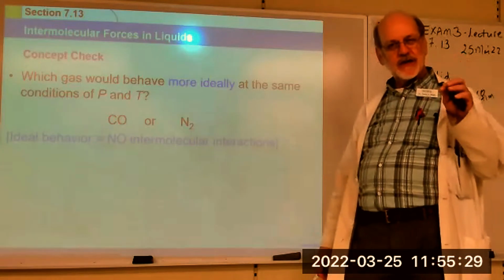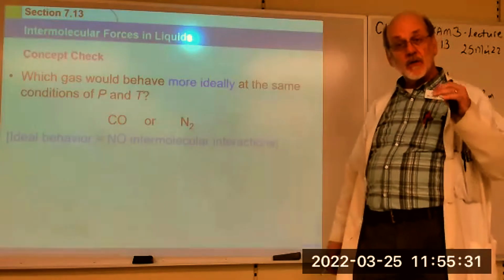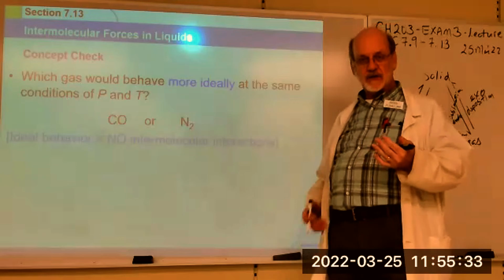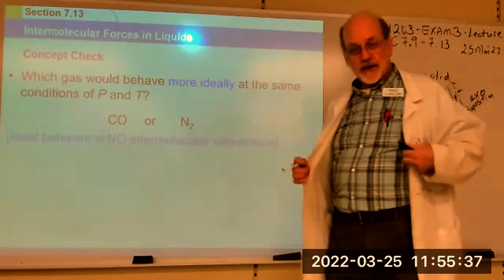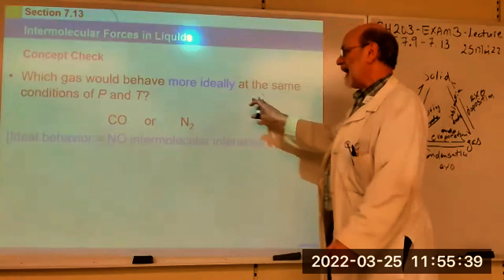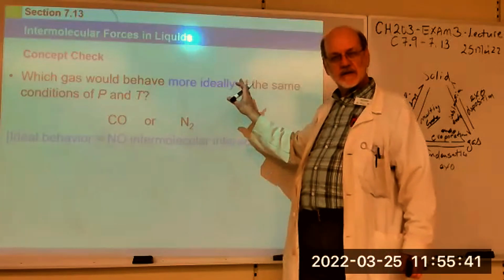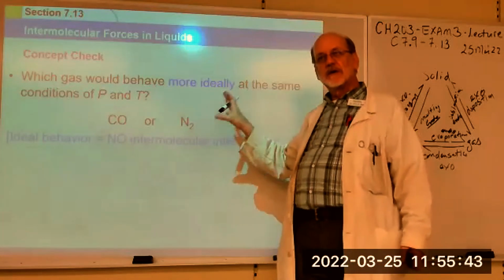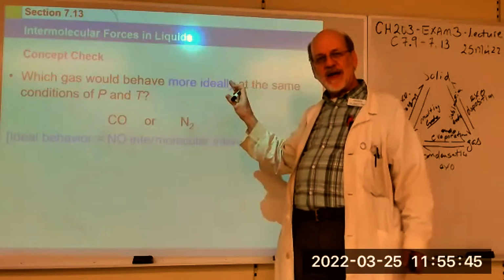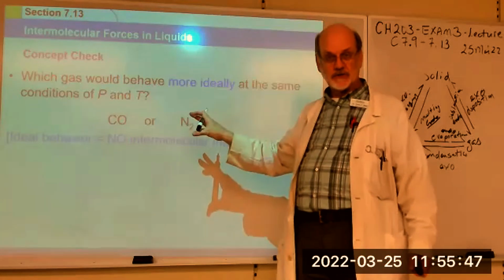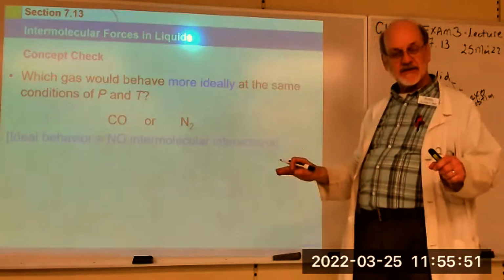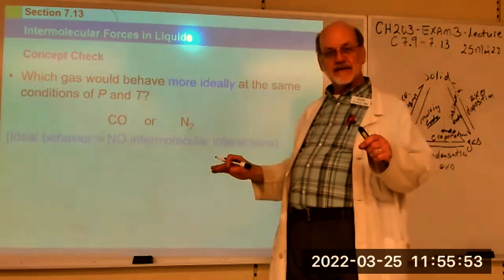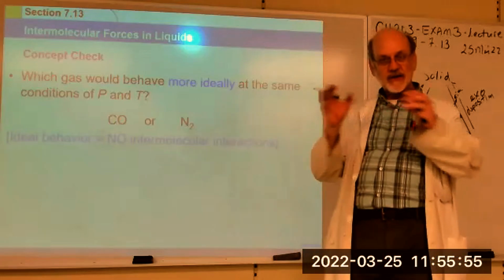I didn't discuss in detail, what do we mean by ideal behavior? We mean, for gases, which substance obeys the gas laws. If it's an ideal gas, then there are no intermolecular interactions.